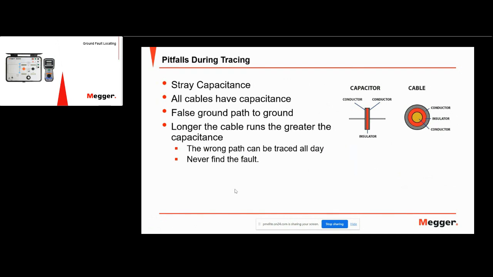However, to a pulse or to AC, capacitance represents a path for the current flow. So if we don't take that into consideration during the ground fault tracing, you could end up tracing stray capacitance all day long and never find the fault.